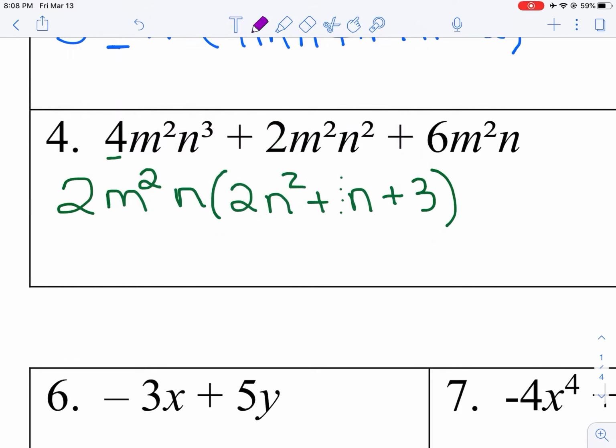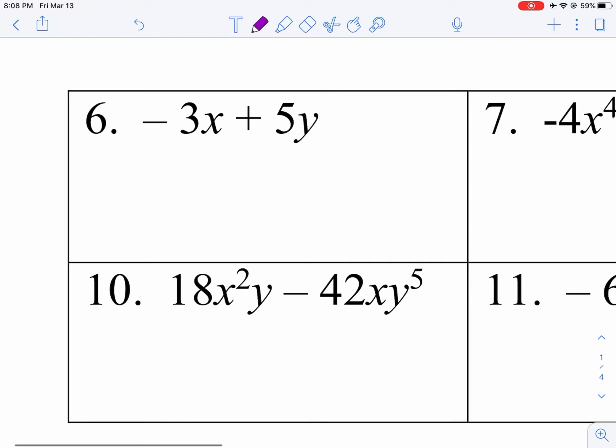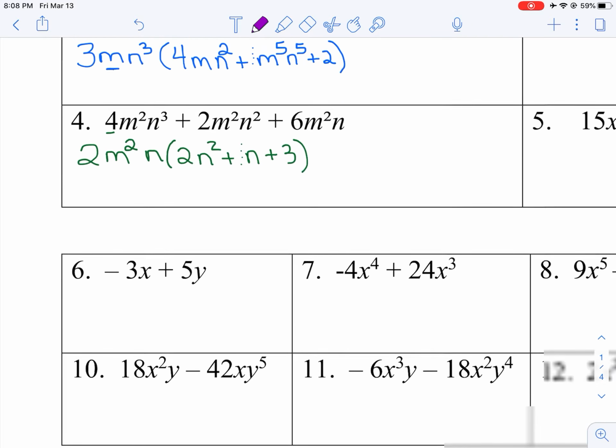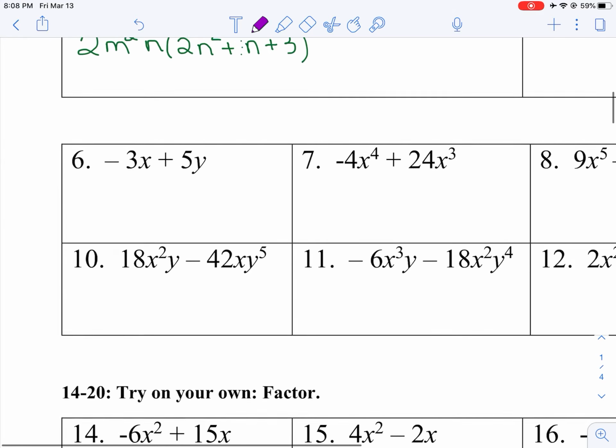Now, the next ones, they're binomials. So sometimes they're a little easier to look at. So let's look at these. You may be looking at it and saying, man, they have no numbers in common. They have no variables in common. But look again. Didn't it say up here that if the first term is negative, your GCF needs to be negative?